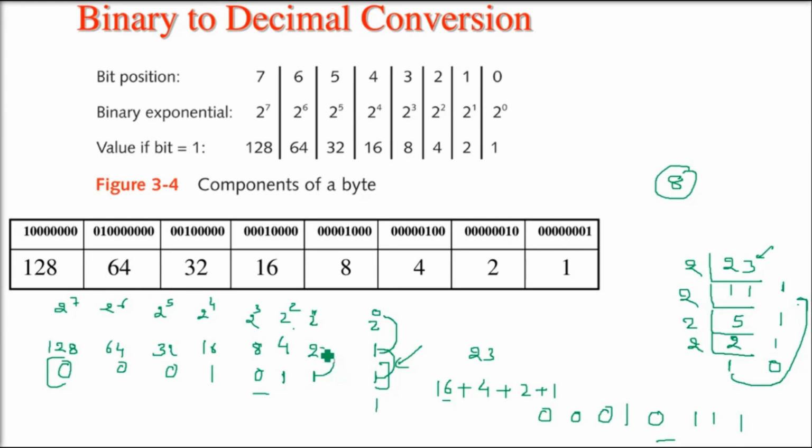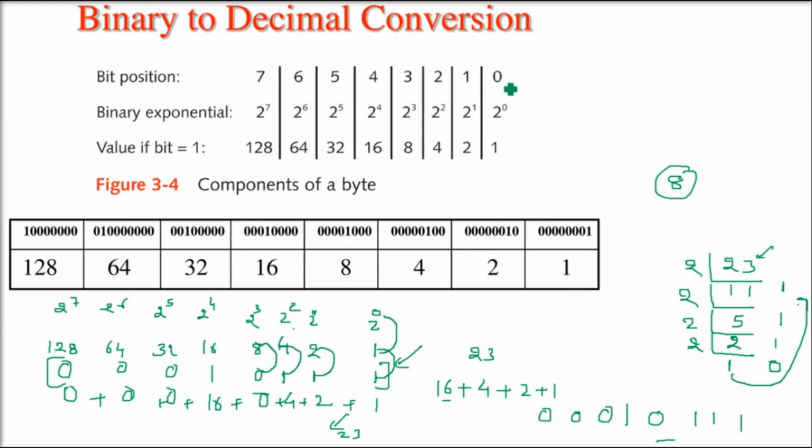So you get 1. Multiply 1 with 2, you get 2. Multiply 1 with 4, you get 4. Multiply 0 with 8, you get 0. Multiply 1 with 16, you get 16. Now multiply 0, 0, 0 with all these 3, you get 0. Now add all these, and you will finally reach binary to decimal. This is 23.